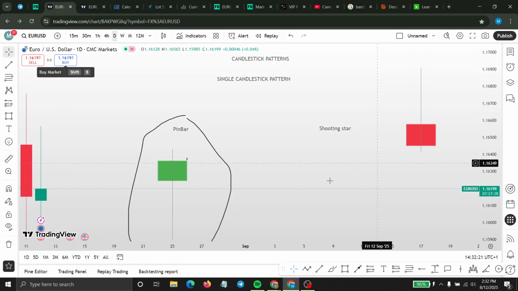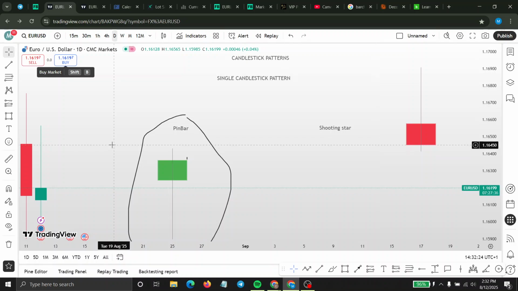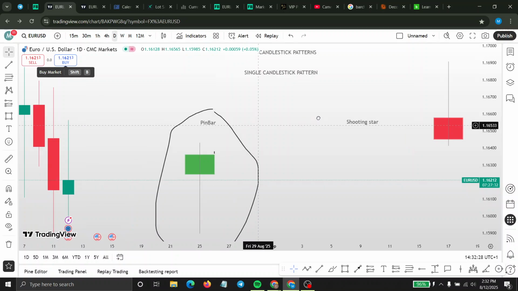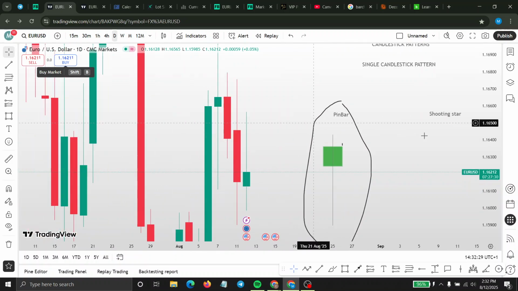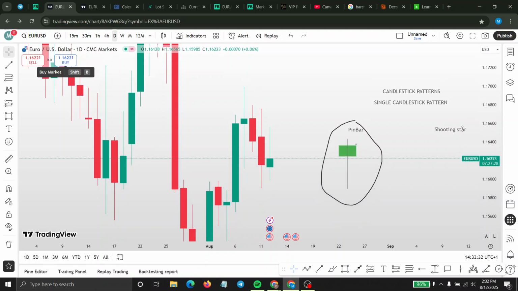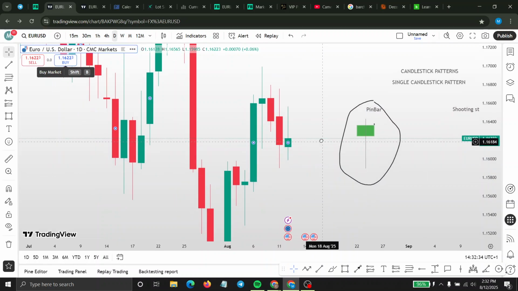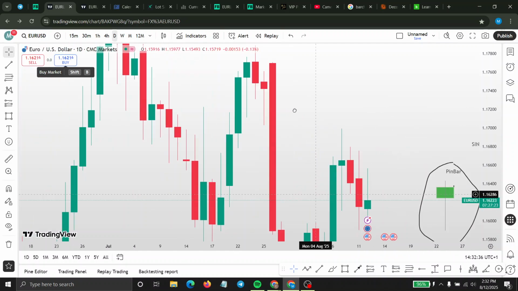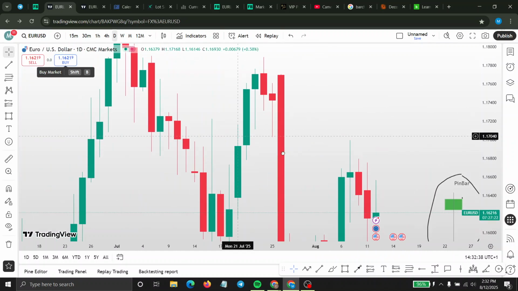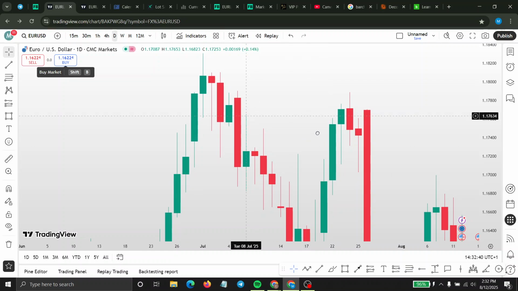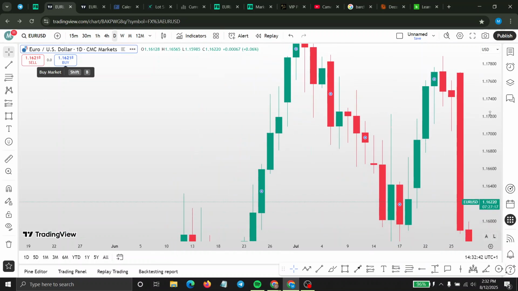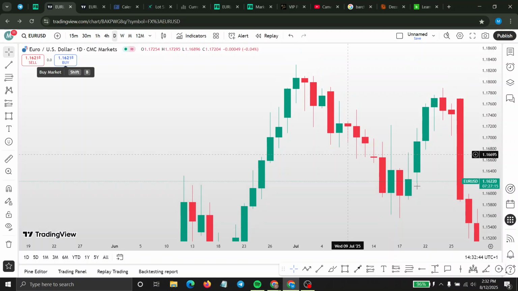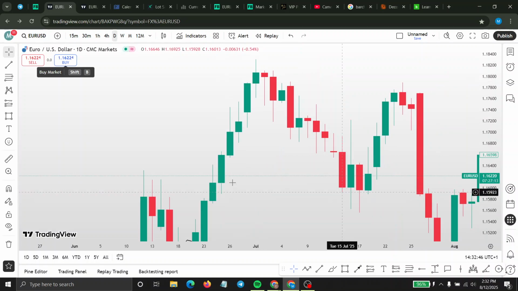So now let's look at an example. And also for us to consider any candlestick pattern, it must form, it must close. You can see this current candle on daily.